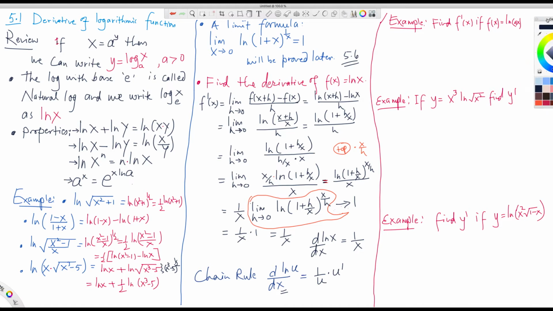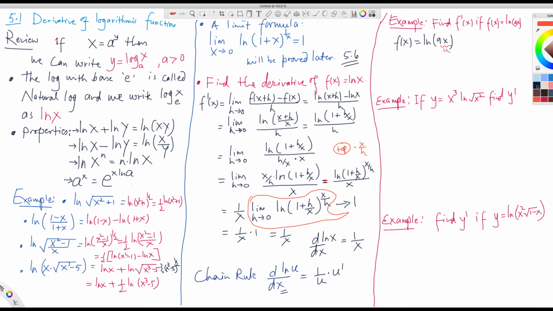First I want to do this example. Find f prime of x if f of x equals natural log of 9x. If it was just natural log of x, the answer would be 1 over x, but there is 9x. Basically this is u.